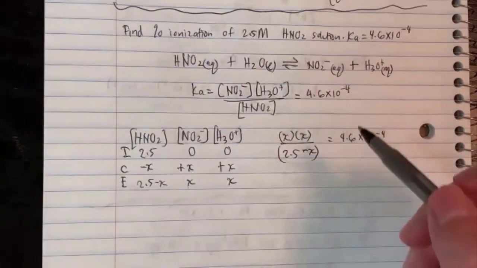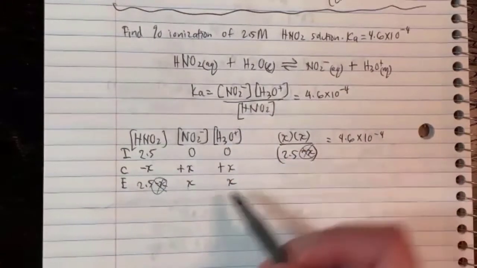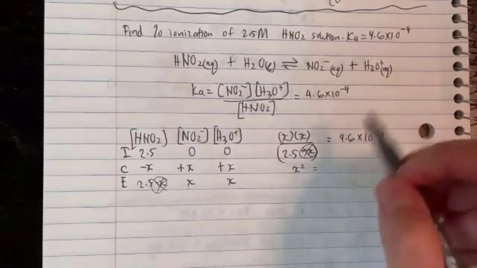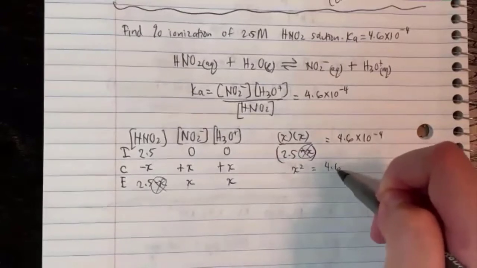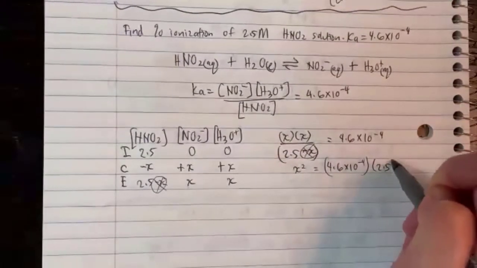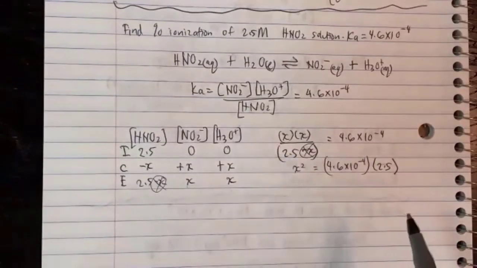Okay, so let's go ahead and do that. Cross this x out. Now we'll keep these x's here. So x squared equals now this time 4.6 times 10 to the minus 4 times 2.5. So it's not shifting the decimal place anymore because it's not a 0.1 right here, okay?